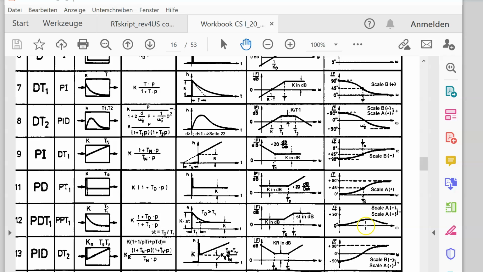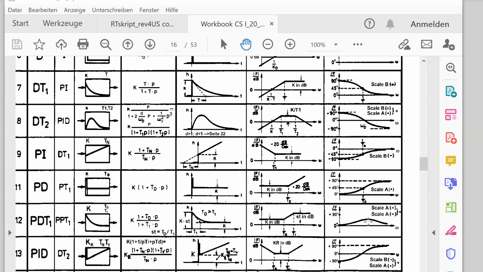And TD defines the position of this curve on the frequency scale. The question is, what is a good position? The answer is, a good position is if we can realize a controller such that the crossover frequency with the phase margin is exactly at this position.